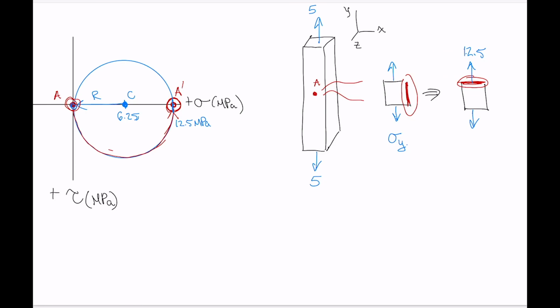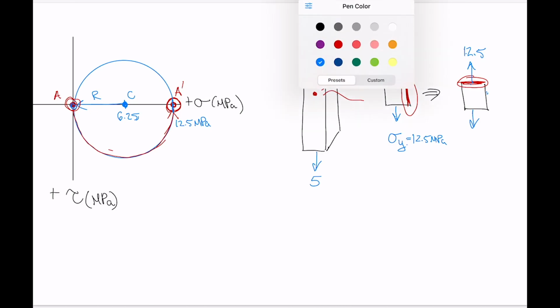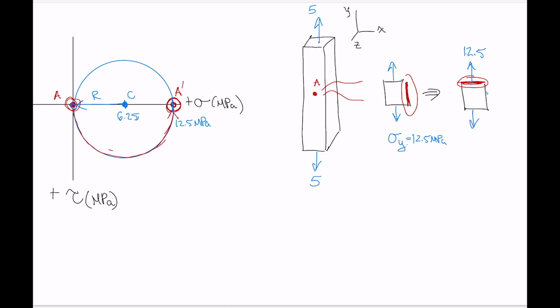And of course, that's giving us the value of what sigma y was, 12.5 megapascals, right? So no surprise there, but what it tells you is that the normal stresses that are on the two different sides of the element are given by points on the circle that are separated by 180 degrees.